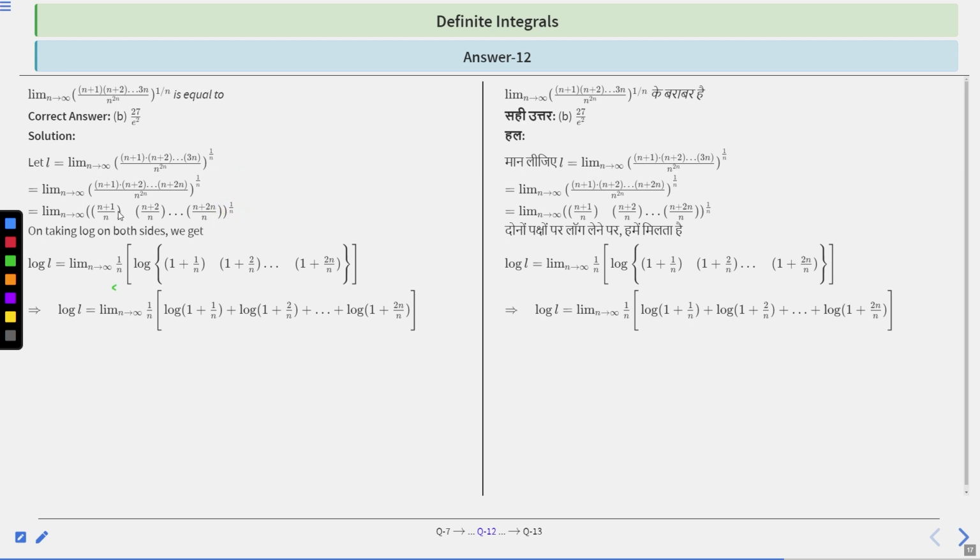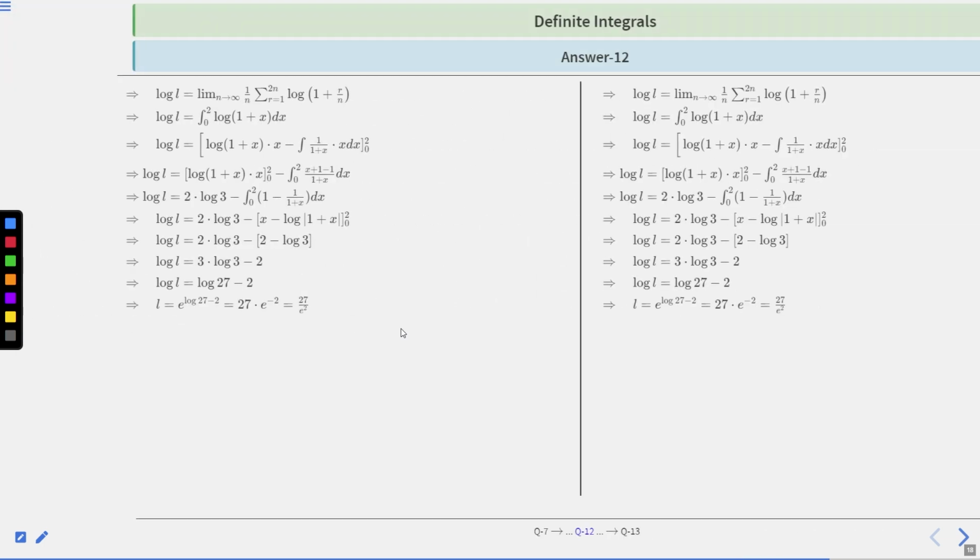And (n plus 1) upon n can be written as 1 plus 1 by n, (n plus 2) upon n can be written as 1 plus 2 by n. Therefore, log of (1 plus 1 by n) into (1 plus 2 by n) till (1 plus 2n by n). Therefore, it can be written as log L is equal to limit n tending to infinity 1 by n into [log (1 plus 1 by n) plus log (1 plus 2 by n) till log (1 plus 2n by n)], right?